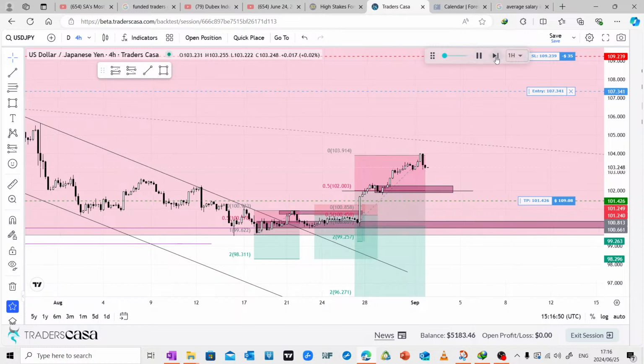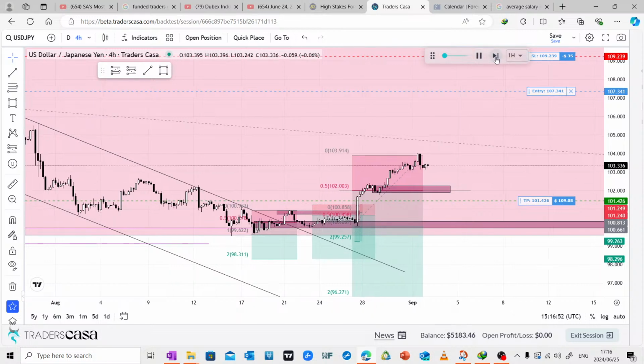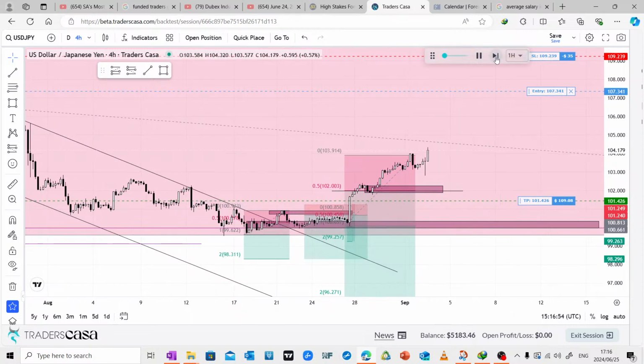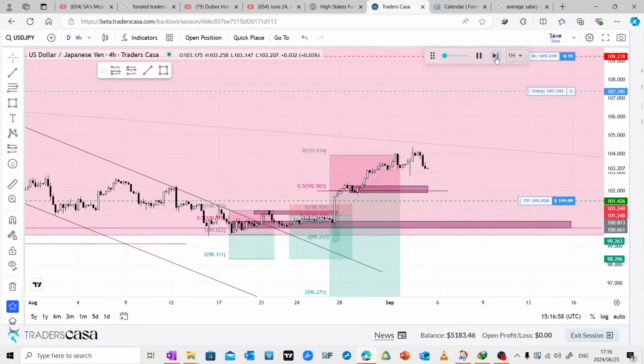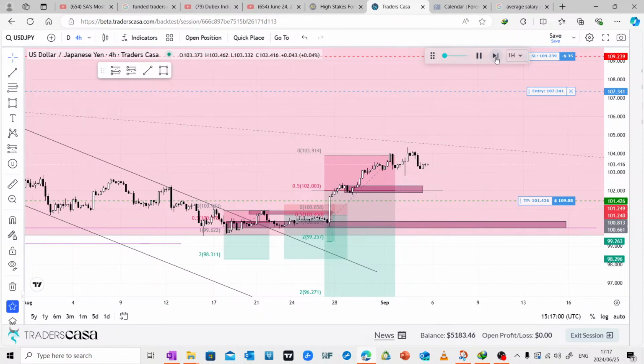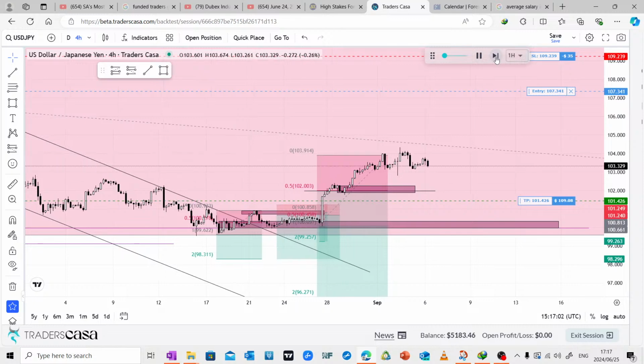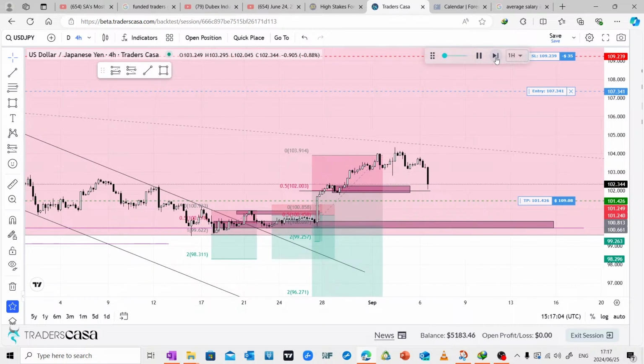Let's see how the market reacts there. Makes another high. Boom. Let's pause right there. So okay, got a strong push to the downside, and I would go long.